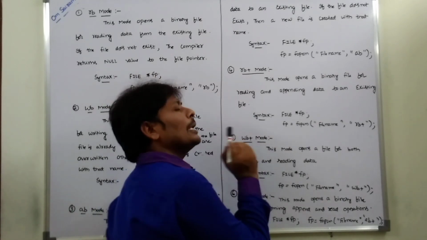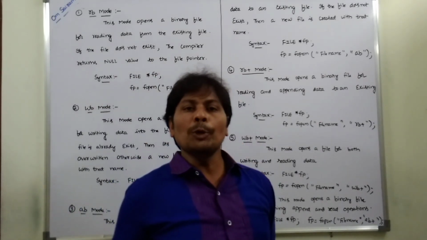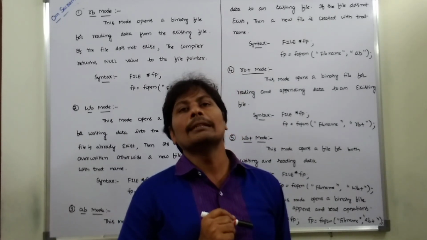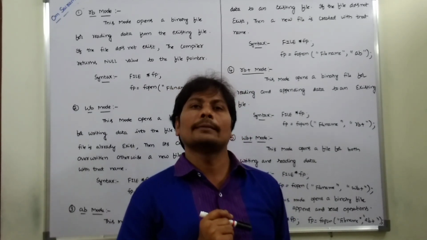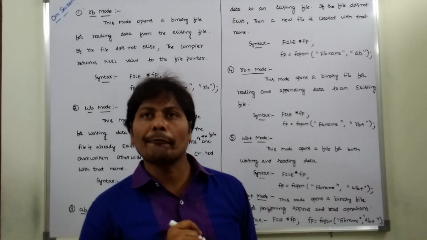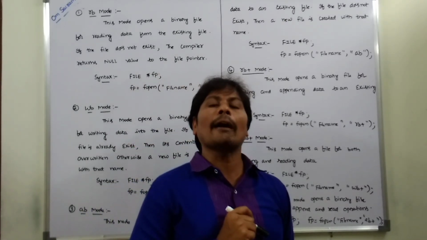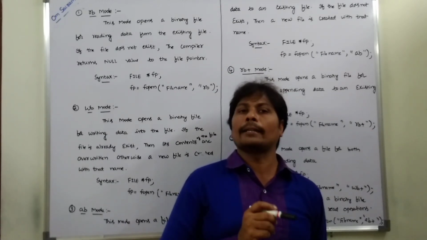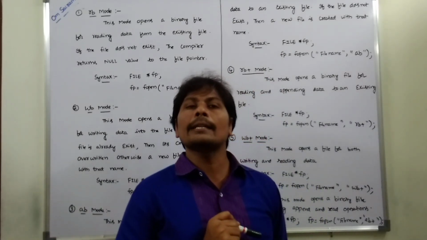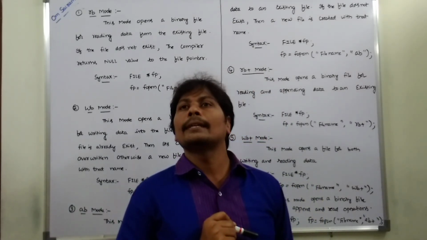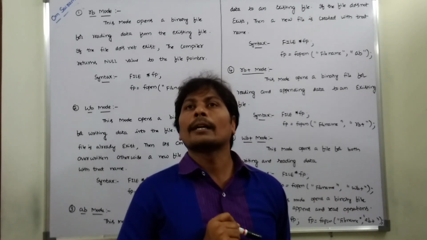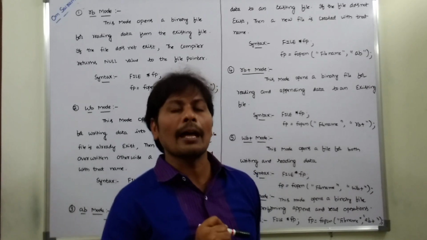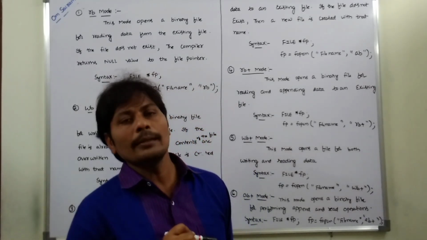Next one is WB plus mode. WB plus mode is nothing but writing plus reading on a binary file. So this mode performs both writing and reading operations on a given binary file. If the file already exists, then whatever content is there is overwritten with the new information.